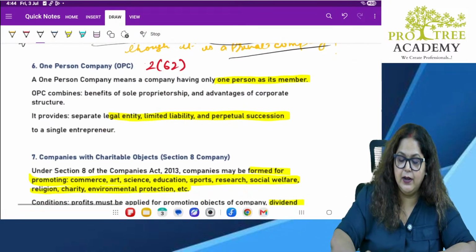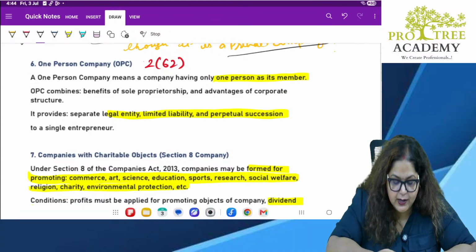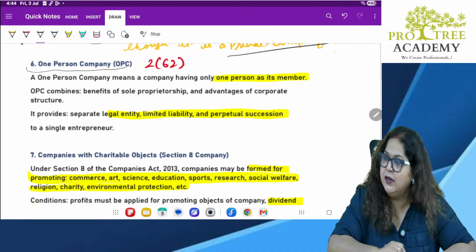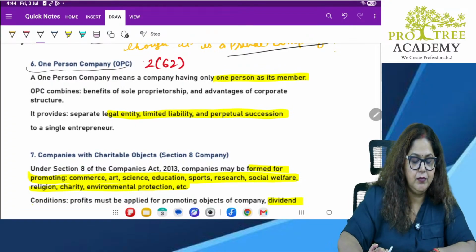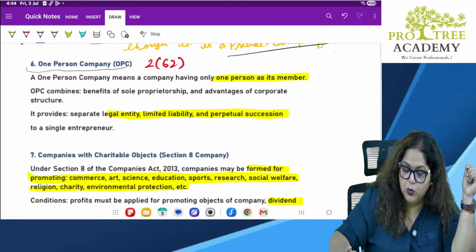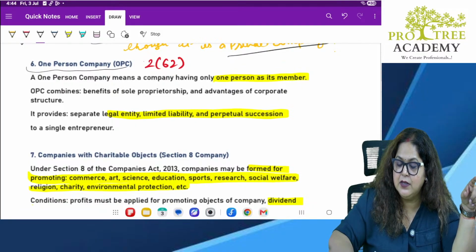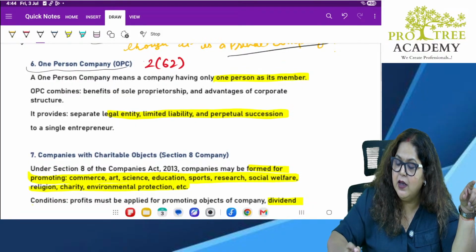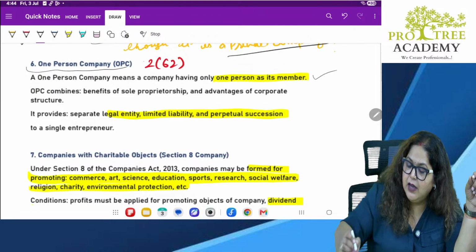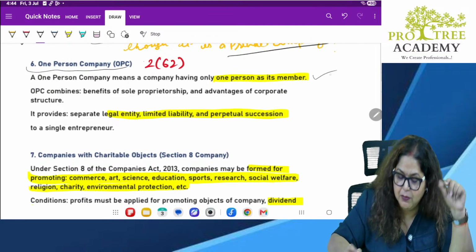Next, in the Companies Act 2013, this concept came: OPC, one person company. Section 2, subsection 62. A one person company means a company having only one person as its member. How many members are there in OPC? One member.